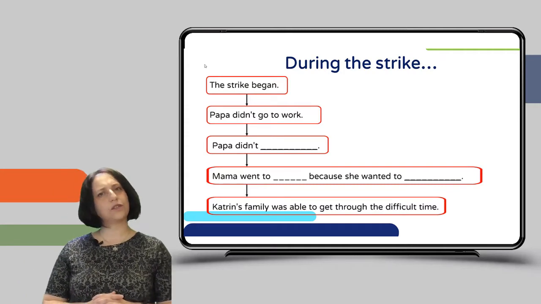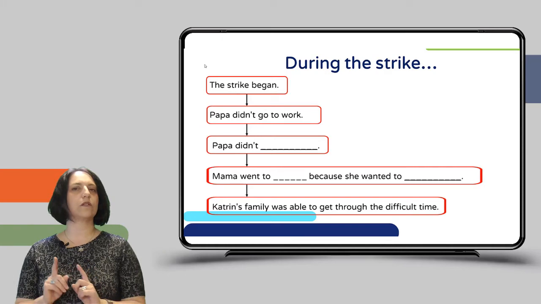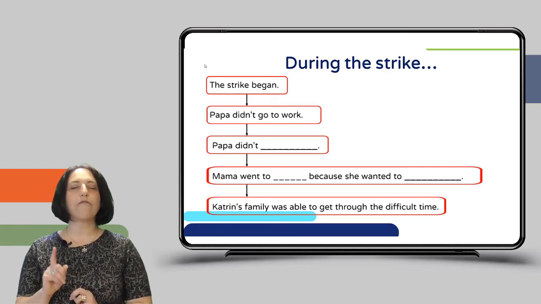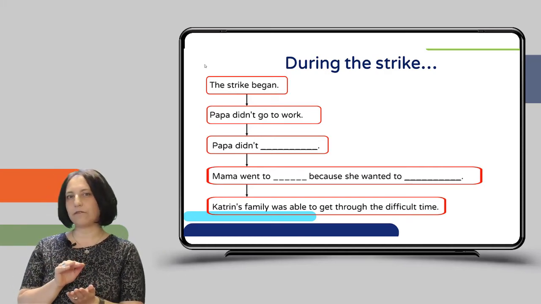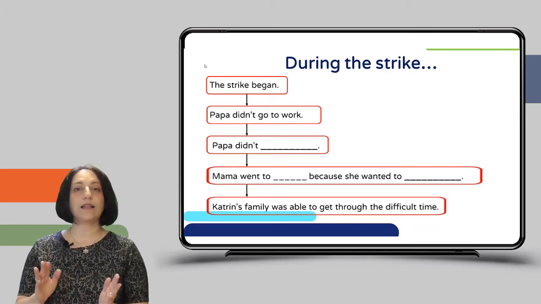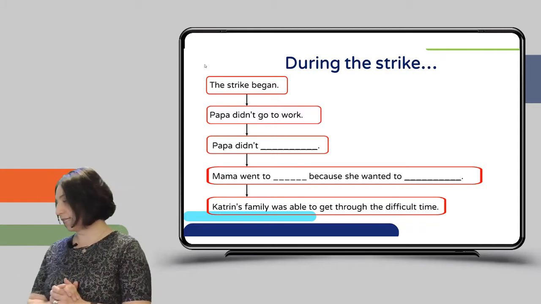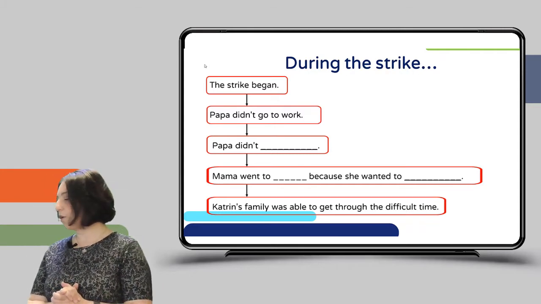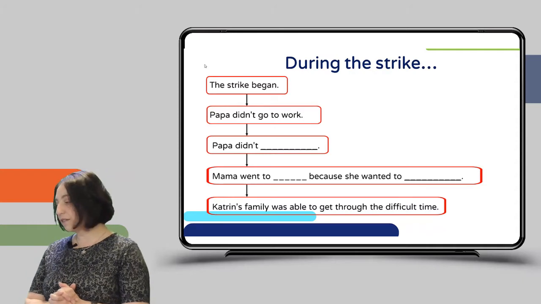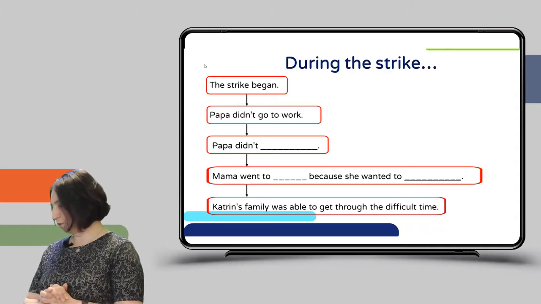So during the strike, what happened? Papa wasn't working. So did they have money in Papa's envelope? No, they didn't have money. What did they do? Did they go to the bank? Let's have a look. Papa didn't go to work. Mama went because she wanted to.